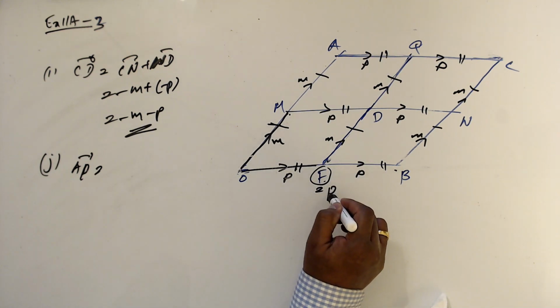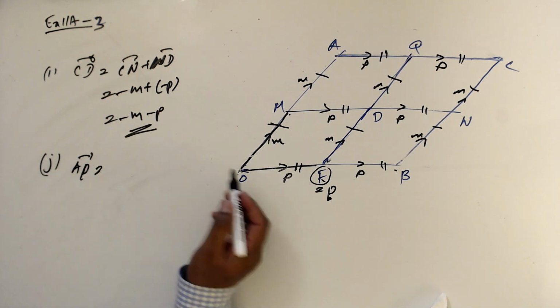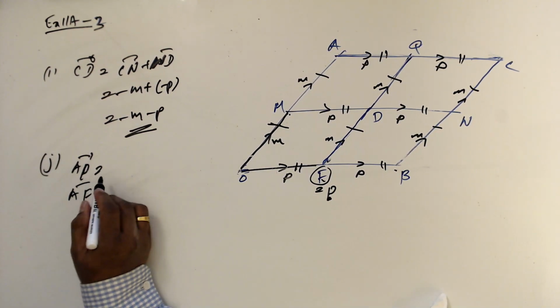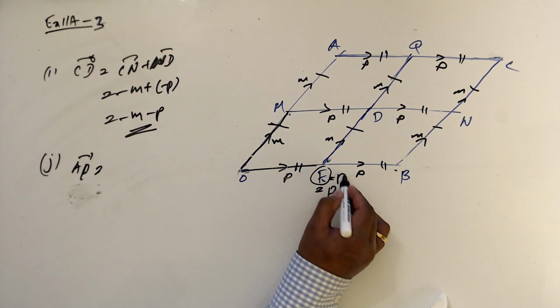According to mine, that is AF, or you can stay with AP. For the time being, I'll use this point as P.